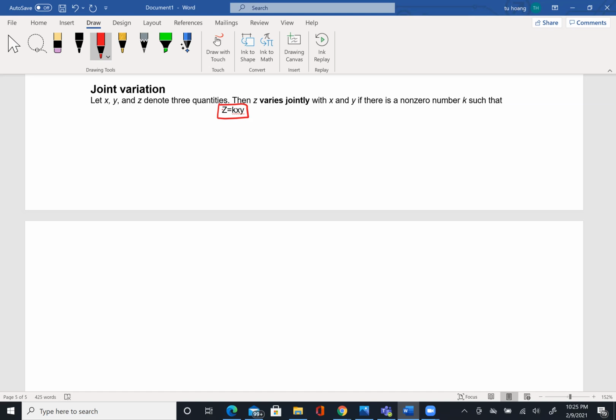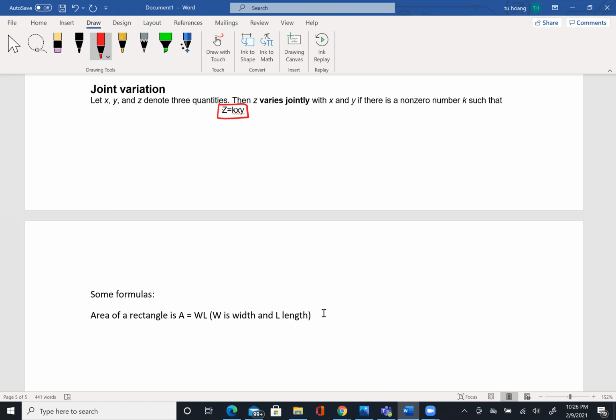The area of a rectangle is A equals W L, where W is width and L is length.